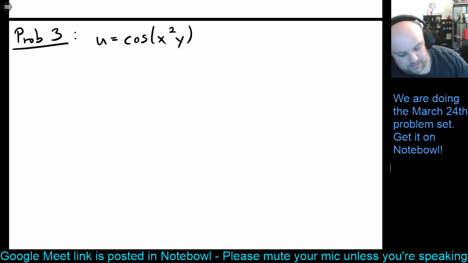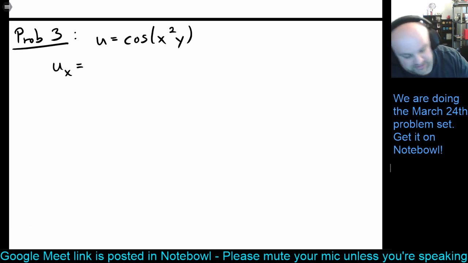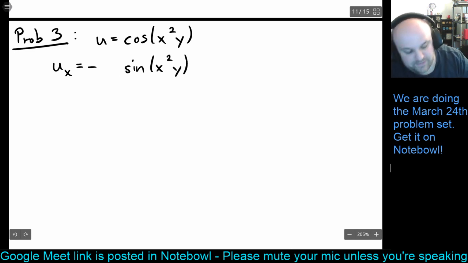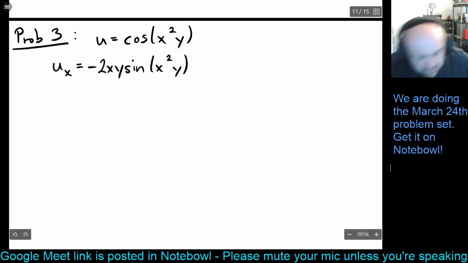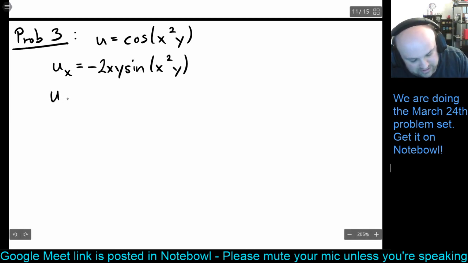So let's go ahead and find the 2 mixed partials that we're looking for. So u_x, do this derivative. We're going to have negative 2x sine(x squared y). I forgot a y here. The derivative of the inside here is 2xy, so we get the 2xy coming out, the minus because the derivative of cosine is sine. And then let's write down u_xy.